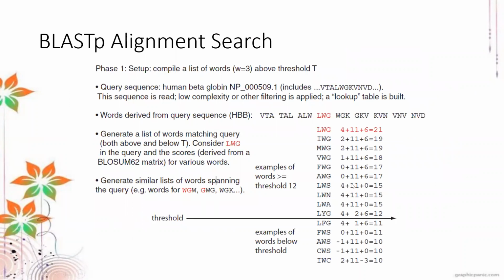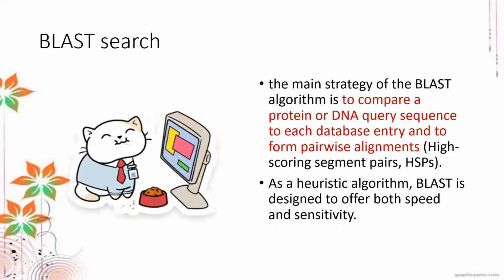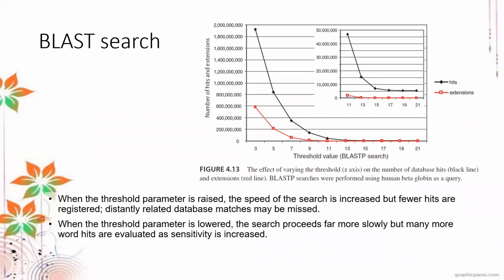So you want something much closer to the actual fragment match. This is based on the scoring on your scoring matrix. You want a much closer, let's say homology or similarity score. So if you use a higher threshold, you will have fewer hits. If you have a lower threshold, you have many more hits.